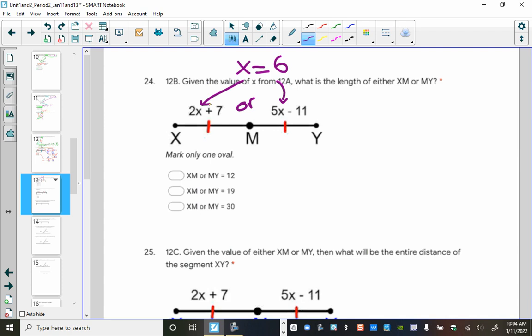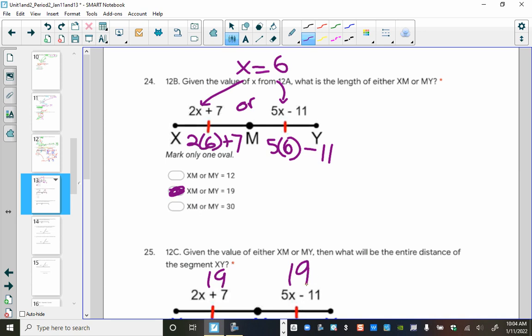You don't have to solve for it again. I mean, you can solve for it again if you want, but you don't have to. It's going to be 19 in both cases. So both of those guys are going to be 19.